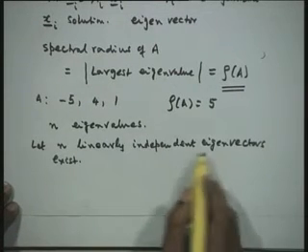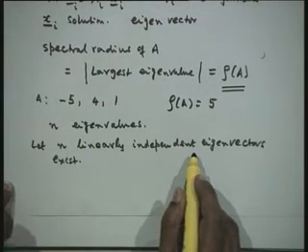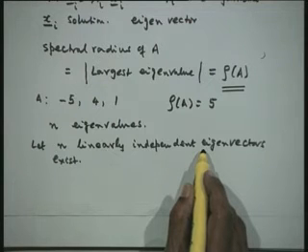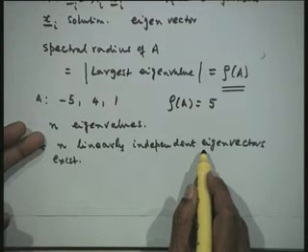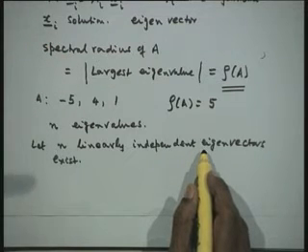Now, these linearly independent eigenvectors, we can take as the basis of a vector space, which we call the eigenspace. Suppose you have a 2 by 2 matrix A with 2 eigenvectors. Those 2 eigenvectors can form the basis for a 2 dimensional coordinate system, just like your x axis, y axis coordinate system.